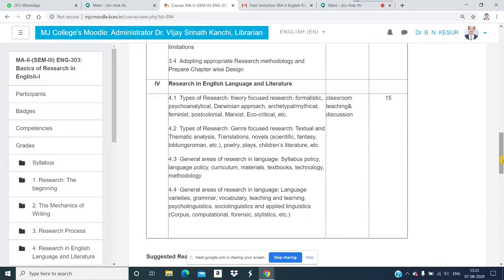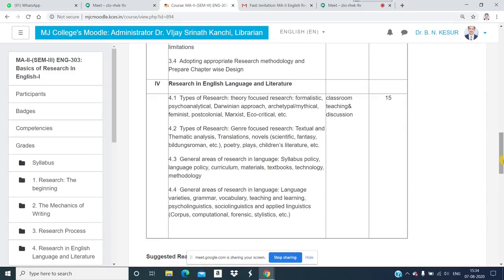Then teaching and learning can also be considered an area of research. Then psycholinguistics, sociolinguistics and applied linguistics. In applied linguistics you have studied corpus, computational, forensic linguistics, stylistics, etc. There are several areas in applied linguistics, and you can select any area and do your research in it.